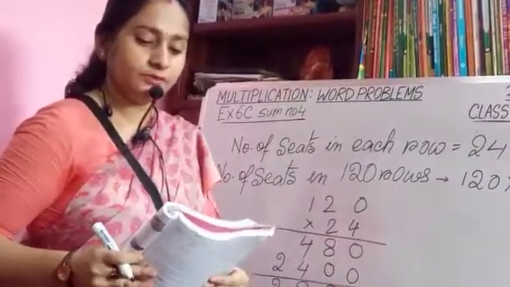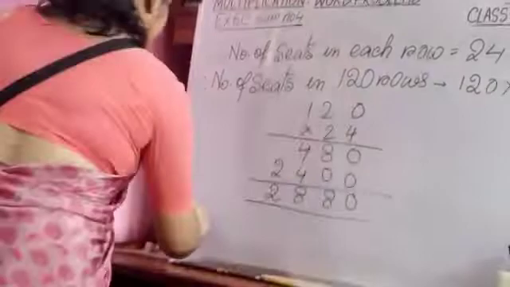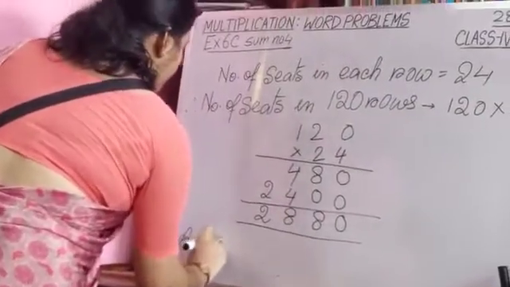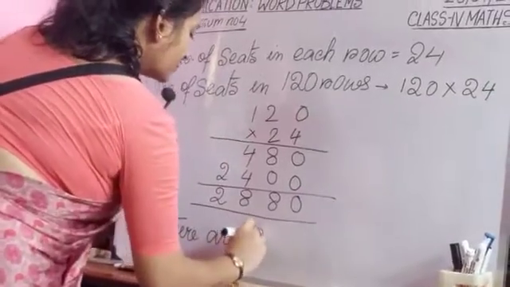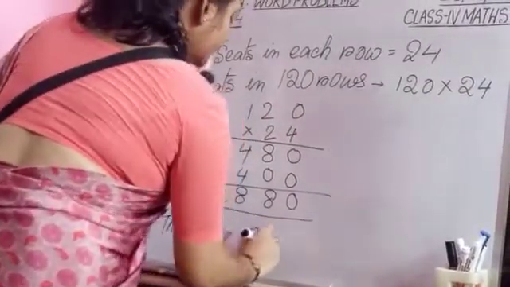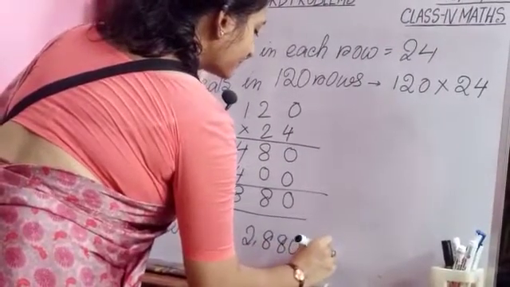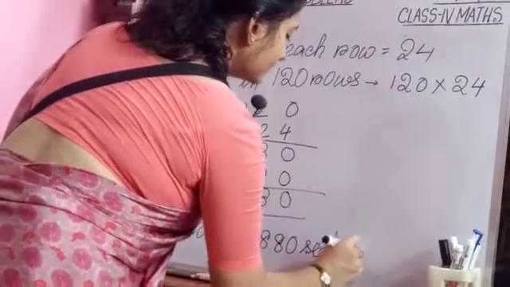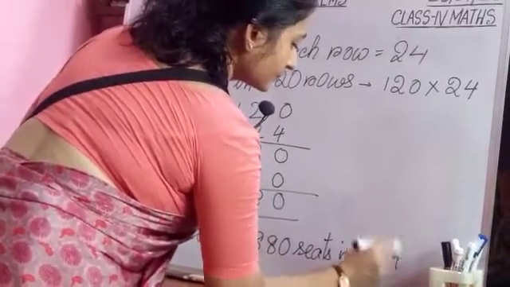The question was, how many seats are there in the theatre? So, I'll write my answer. There are 2,880 seats in the theatre.